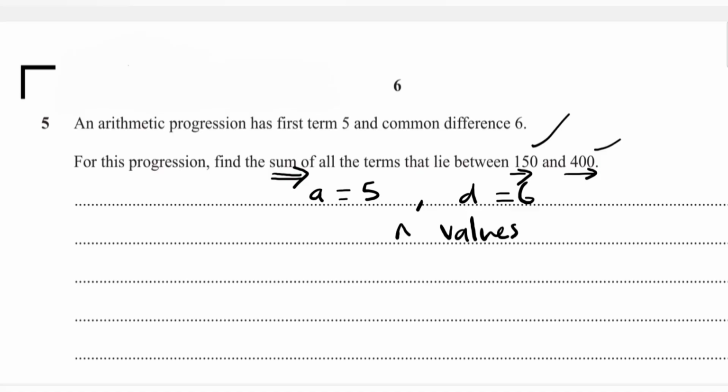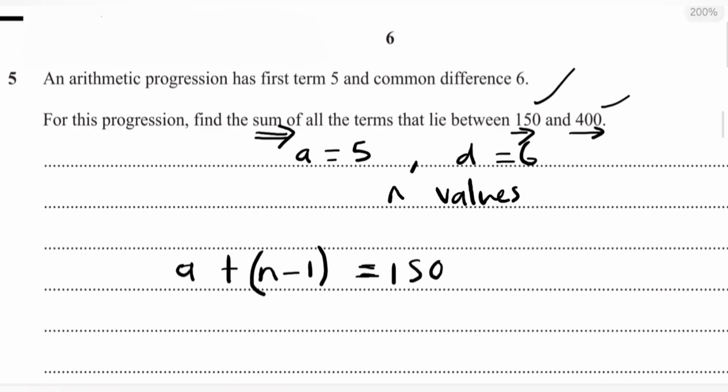So by that we have to say a plus n minus 1 d is equal to 150, right? Want to know the n value of the term that gives us 150, right? And we know a is our 5, so 5 plus n minus 1 d is 150, oops, my bad, so it's n minus 1 d, where d is 6.